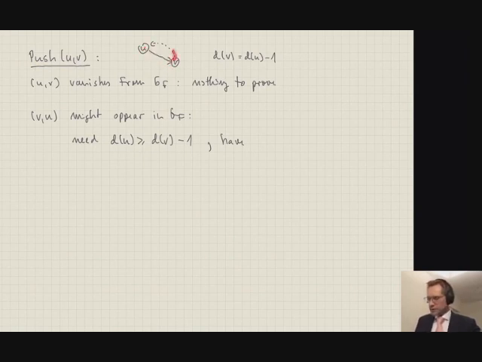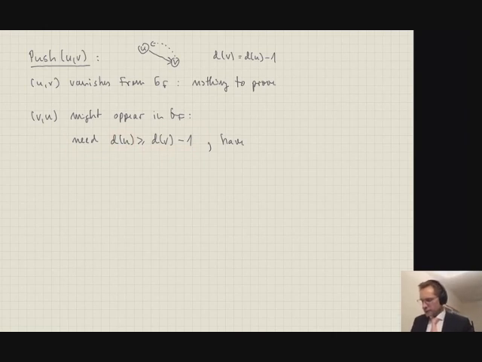And possibly this new edge from V to U appears in the network, but we know that the label of V is exactly one less than the label of U at the push operation. As I said, when the edge from U to V vanishes, nothing is to prove for that. But what about the other edge? What we need to show for the other edge is the feasibility of the labeling. And that means that the label of U should be at least D of V minus 1.